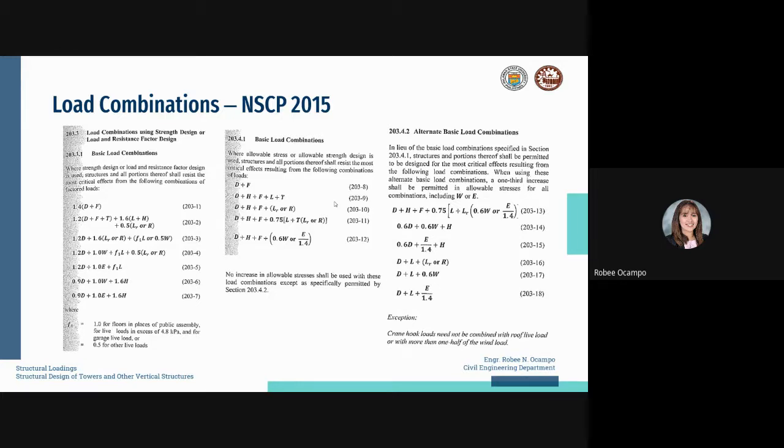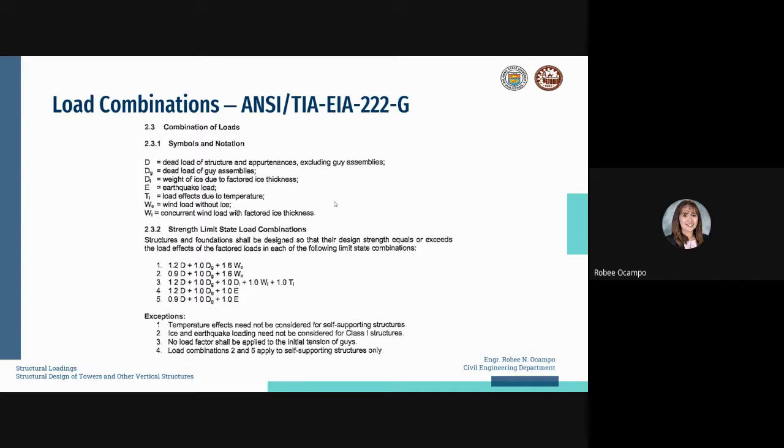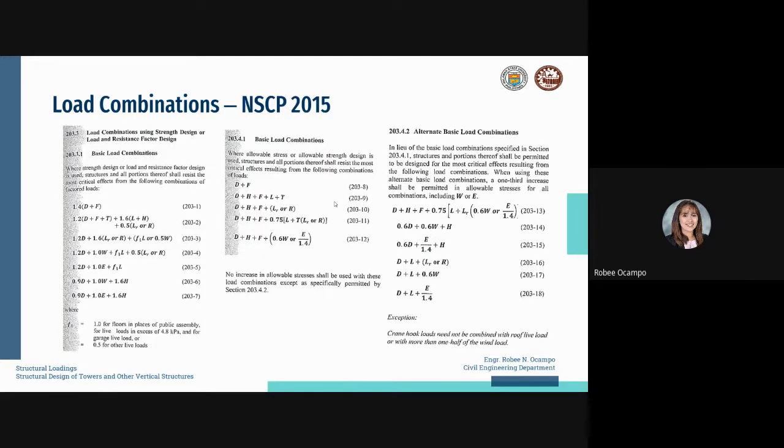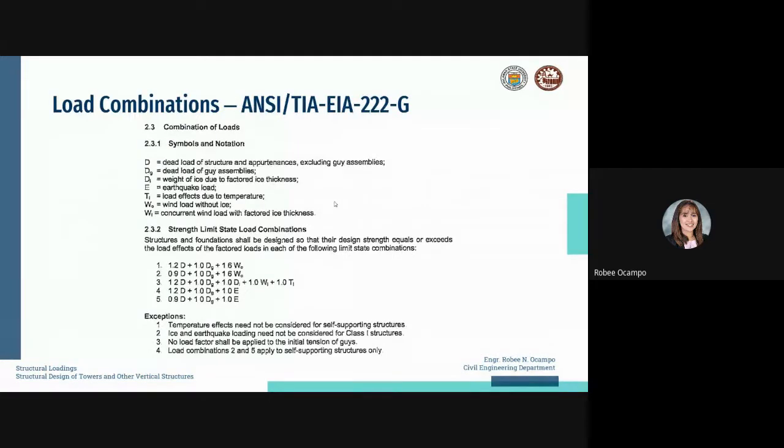Okay, but also the TIA gives the list of load combinations that we're going to use. Of course, for the strength limit state load combination, we have here five sets. It's almost the same with your strength. Looking at the first two load combinations, you have the 1.2D plus 1.0DG plus 1.6W0.